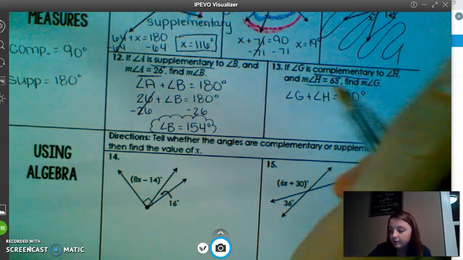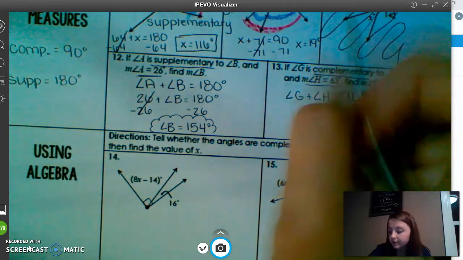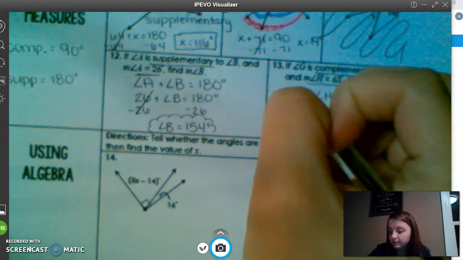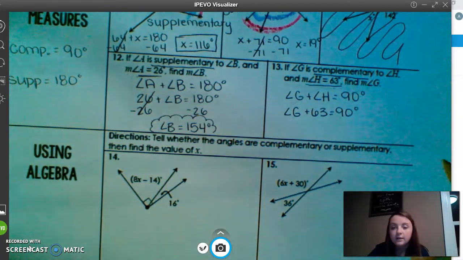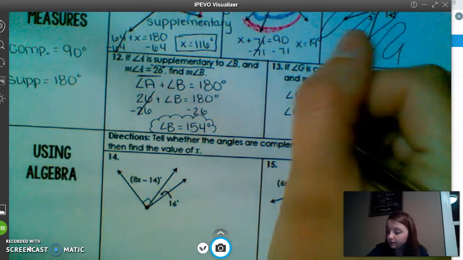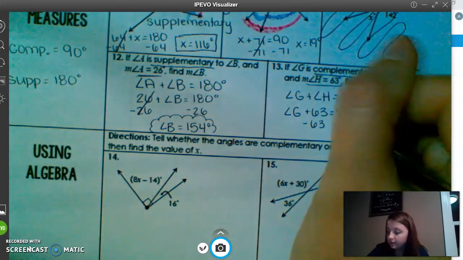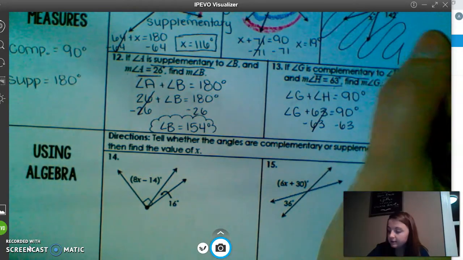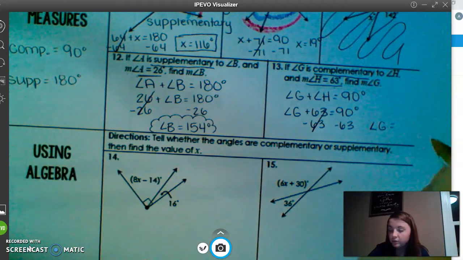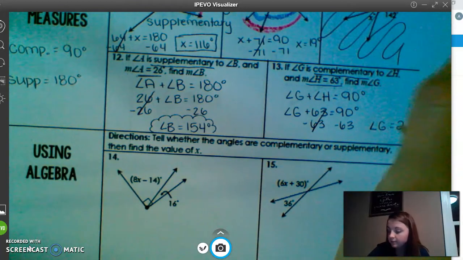Well, I know H is 63, so I'm going to plug that in, but I don't know what G is. I can find it though. To get G by itself, I would subtract 63 from both sides, and I would get G equals 27 degrees.